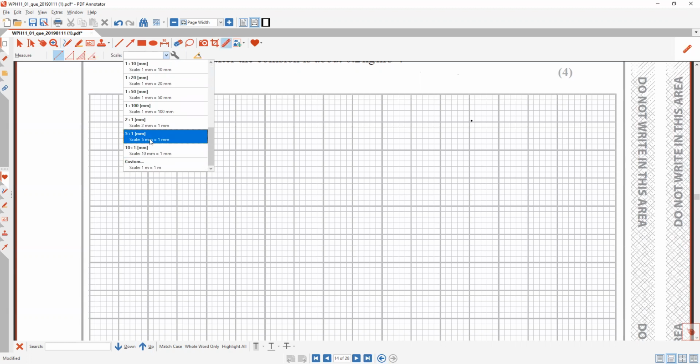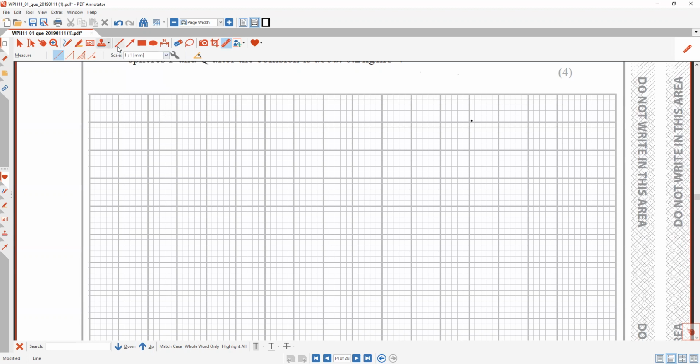Can I do it in millimeters? 1:1 millimeter here. Let's try. It is still given in inches. Okay, 1:1 millimeter. Let me try again. From here, I need 6 centimeters. 6 centimeters is 60 millimeters, right? Yes. So 60. What angle? 15 degrees, right? I do 15 degrees.